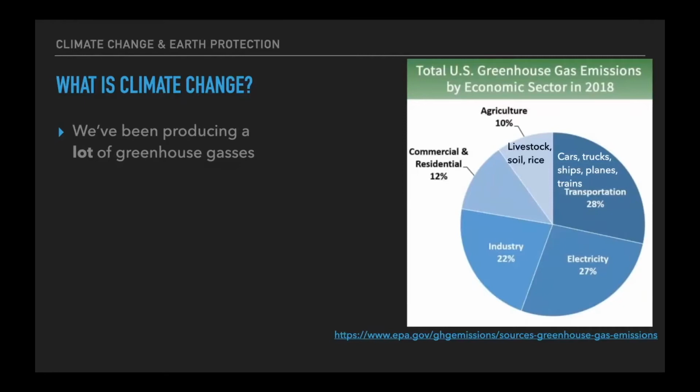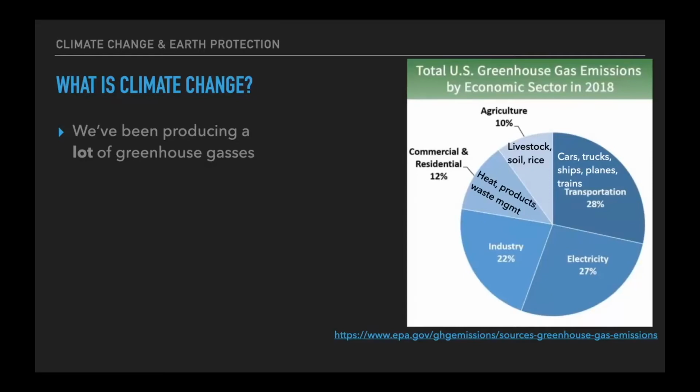We get a little bit that's coming from agriculture. This is livestock, soil treatment, and rice production. Rice growth is actually a really big contributor of greenhouse gases. When it comes to commercial and residential, this is really how you and I use and consume a lot of greenhouse gas products.